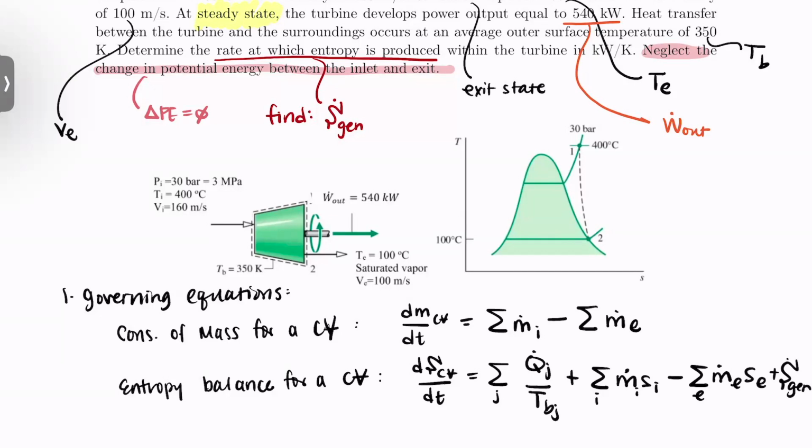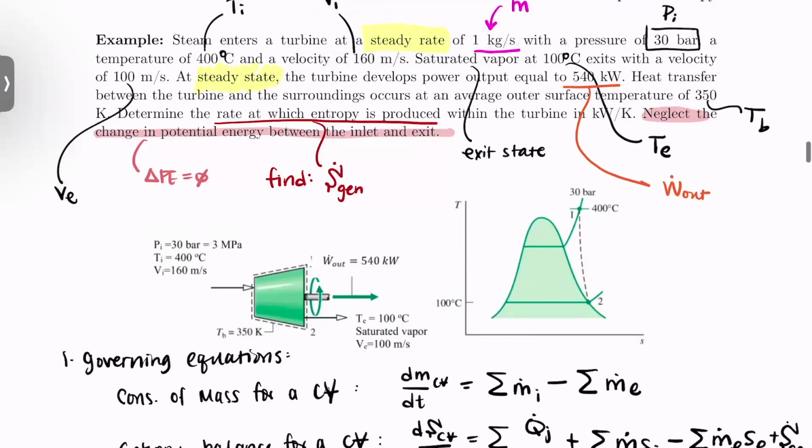Let's simplify these equations based on the simplifications that were given to us in the problem already. So we are assuming steady, so these time rate terms can go to 0. We also have one inlet and one exit, so these summations can go away.